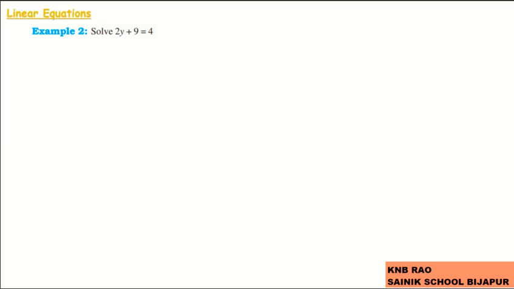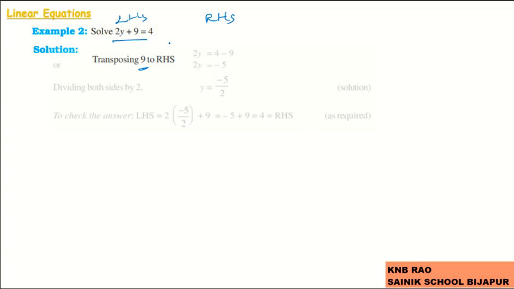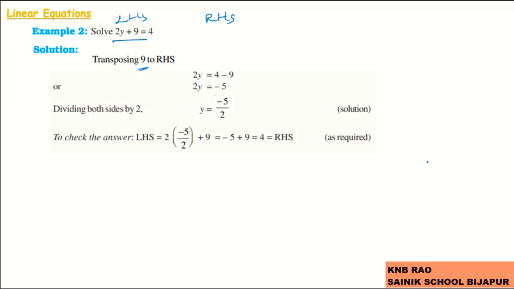I explained you the technique of transposing. So while solving this, transposing 9 from left hand side to the right hand side, here in this given equation 9 is an addend, so we will transpose addend 9 from left hand side to right hand side. So when we transpose, that addend becomes the subtrahend.